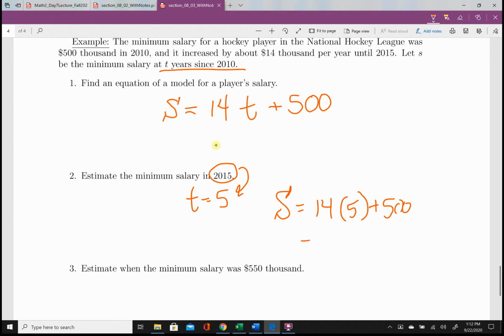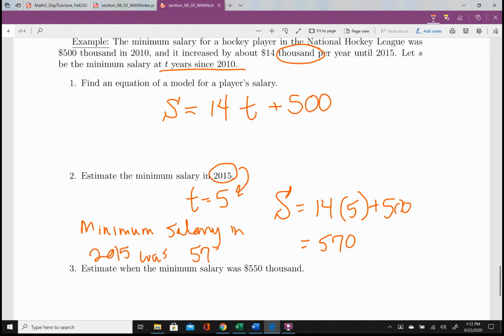Okay, 570, and we're in thousands of dollars. So the minimum salary in 2015 was $570,000.